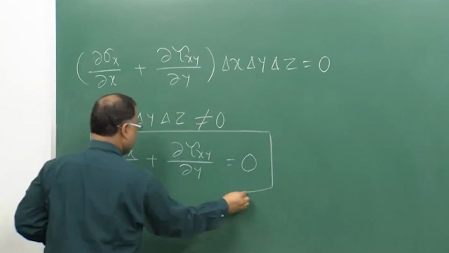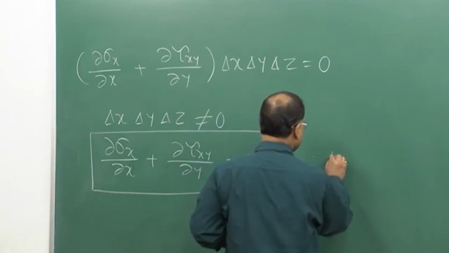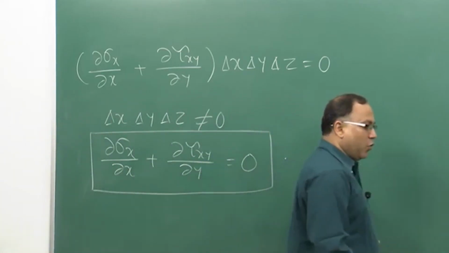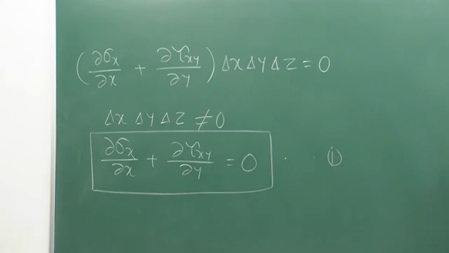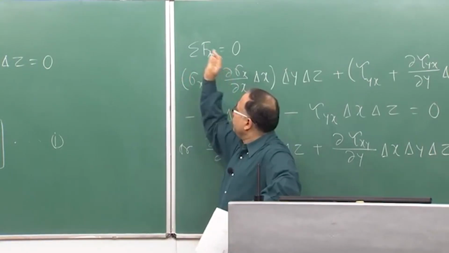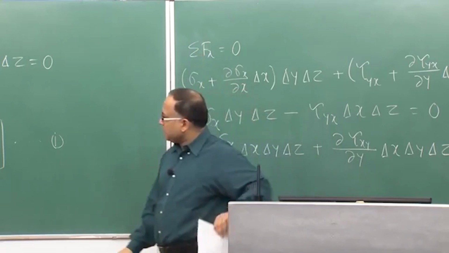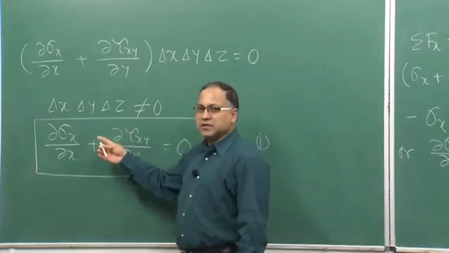So, this is one important relation, equation 1. This is the important relation which has been established by considering the equilibrium condition along x direction. If you exploit this equilibrium condition, you will come to this relation.